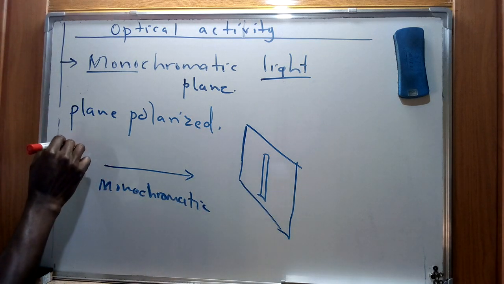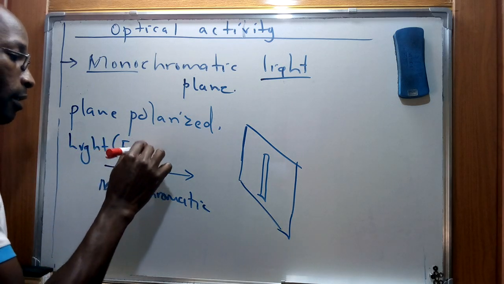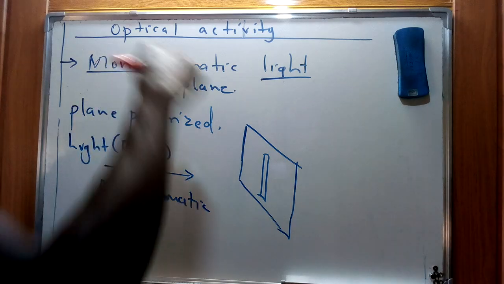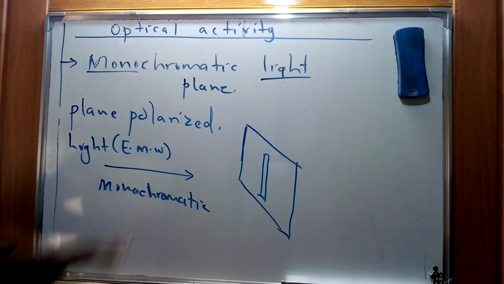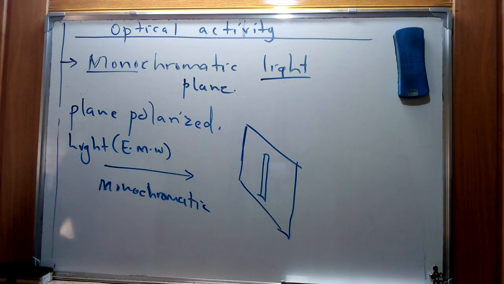And this beam of light, as we have said, is an electromagnetic wave, so we're going to expect it to have the electrical aspect and the magnetic aspect. Therefore the planes of oscillation of the electrical and magnetic waves will be at right angles to one another.